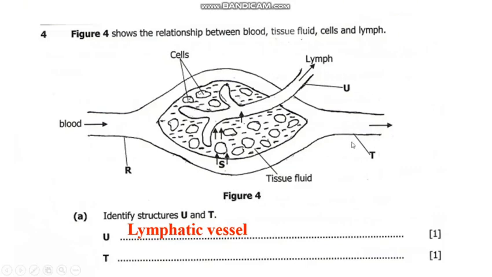Then here we have the structure labeled T. The name of this structure labeled T is the venule. Venules are just small blood vessels that carry deoxygenated blood from capillaries and channel it to larger veins. They also help to regulate the blood flow and retain. So this was the answer to question A.